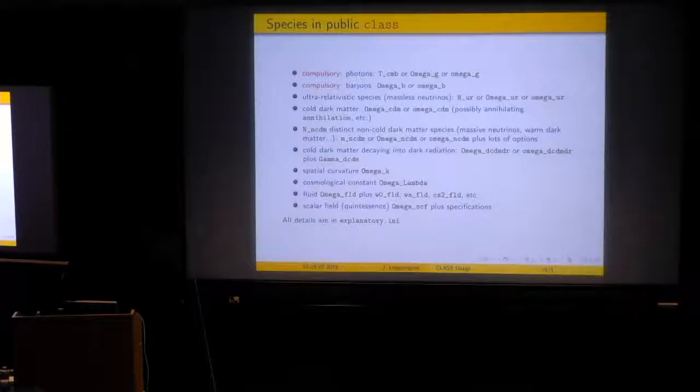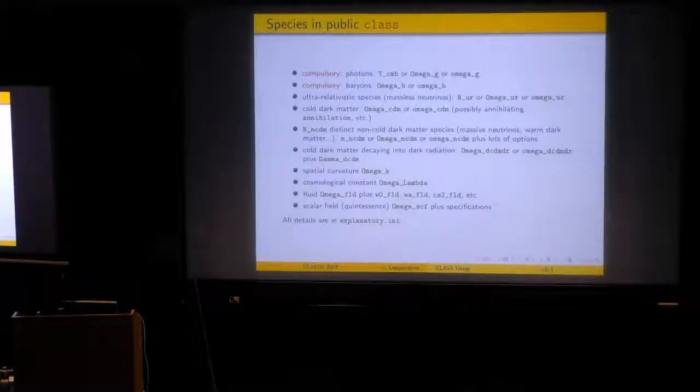Okay, shall I start with the description of the species? 2.5 minutes should be good for this. Yes. Okay, so this is a list of the matter species that are implemented in the default class. There are lots of private versions with more, and I will tell you what will join the public one soon.